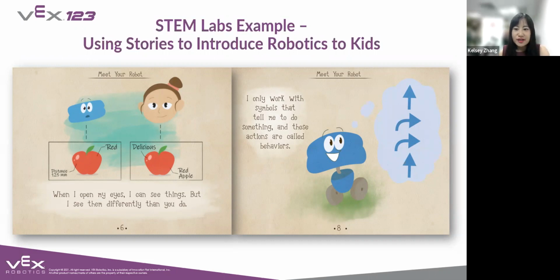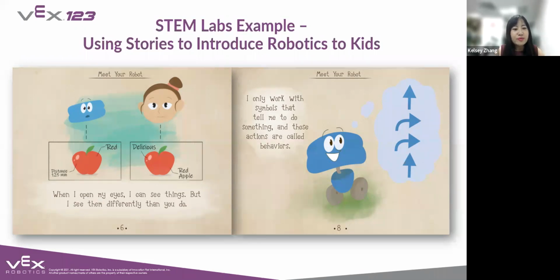When we introduce the eye sensor to students, we want them to compare it with the human eyes. For human eyes, when they open their eyes and see an apple, they will think, wow, it's delicious. Wow, it is a red apple.